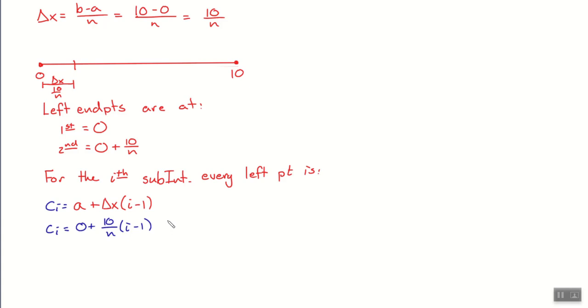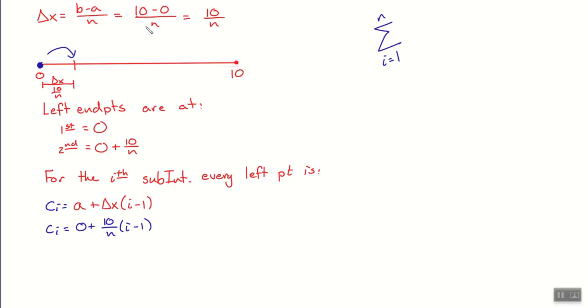Okay. Right now, because I'm thinking ahead a little bit, can you at least accept that we're going to have to do the sum? I don't want you to write this yet, but when we write the sum, it starts with i equals what? And it goes to n, right? Now, if I know that I want this to be my first point, if I just did 0 plus 10 over n times i, then when I plug in 1, because that's where we start, it would take me to this point, because it would be 0 plus 10 over n.